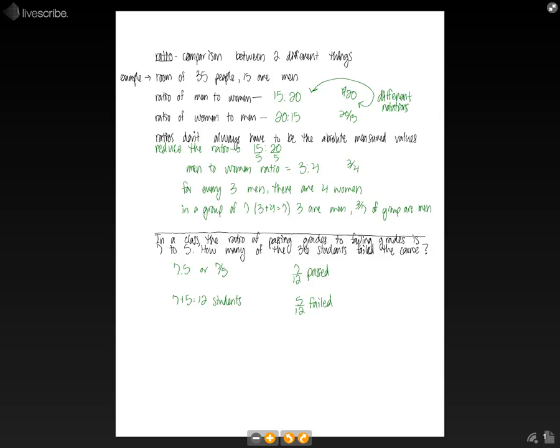So now we can use this new ratio of 5 over 12 failed times our 36 students, because that's how many it's asking for, to give us the total, which will be 15 students failed the course. And so that is how we use ratios to solve problems.